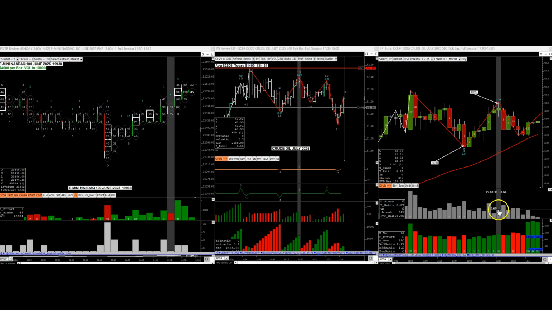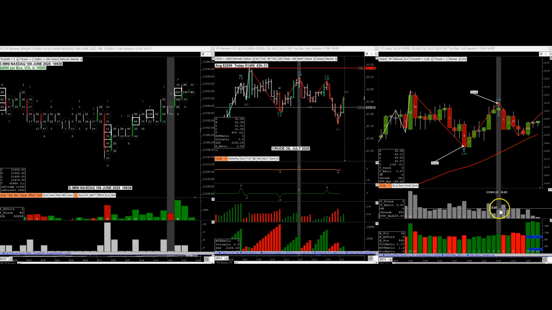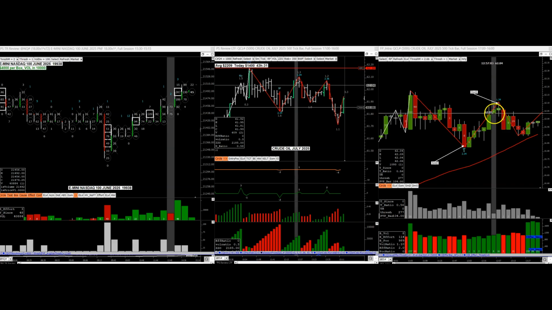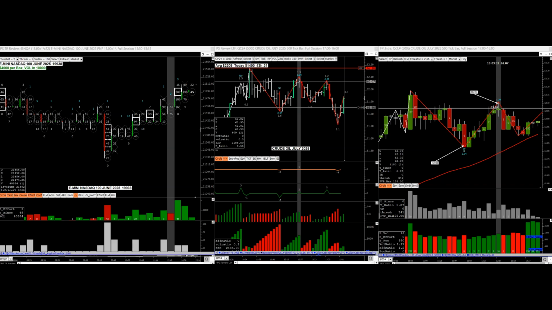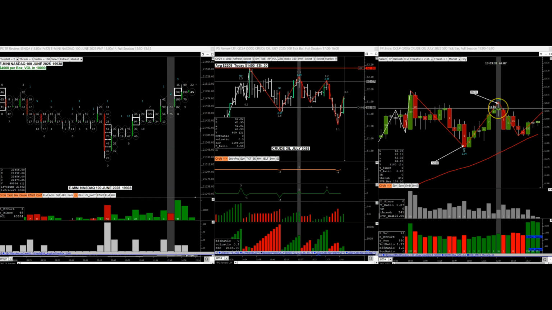It's smaller than this one, and smaller than this one, and smaller than that, but it has more volume than all three. So you can see the size of the bar shrinks. The size of the bar is telling you something's not right. The progress from prior bar close to this close is also not right. All that volume, what did you get for it? Nothing.